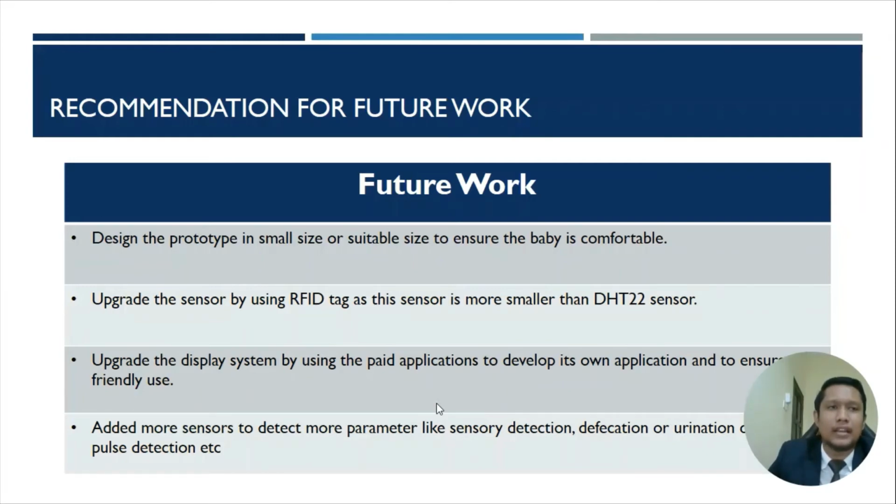And an RFID tag also does not need complex circuits to run and detect the condition of the diaper. So it is very suitable for this device to use an RFID tag instead of the HT22.